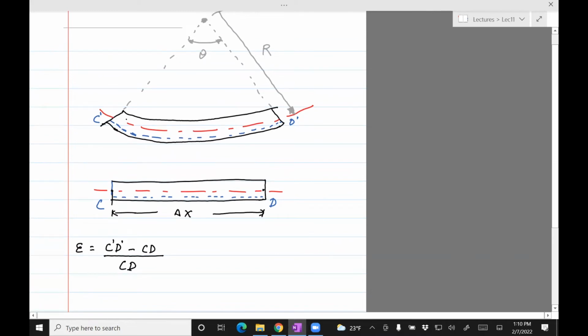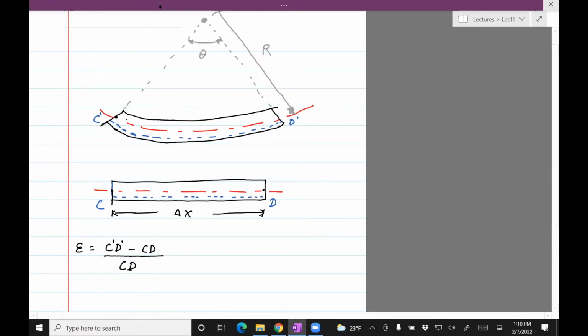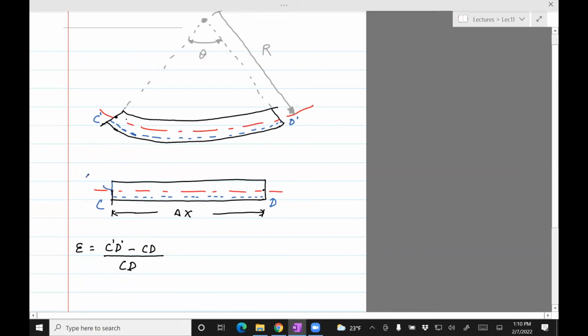Note that the entire beam is of length delta x, and the neutral axis, let's call this point A and this point B. Because that neutral axis doesn't change its length, it's still going to be A and B. It's unchanged, while CD is changed because it's going to be curved.